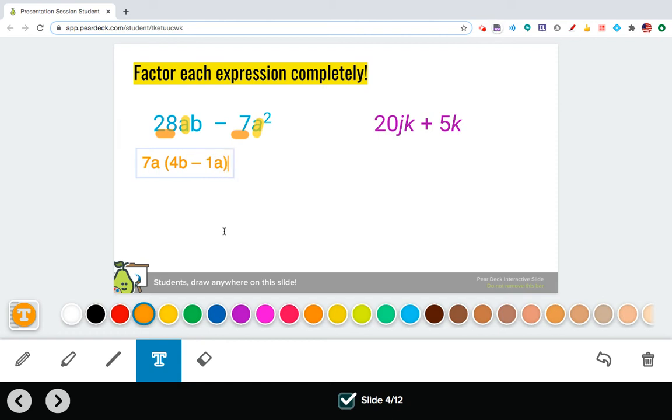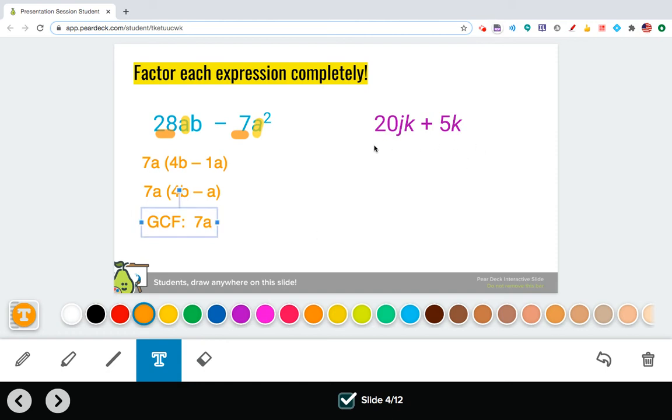I also could have just written this without the 1 as the coefficient of a. These are equivalent. So I have factored the given binomial by factoring out the greatest common factor. And the greatest common factor between the two terms was 7a. It was something I could divide both terms by.